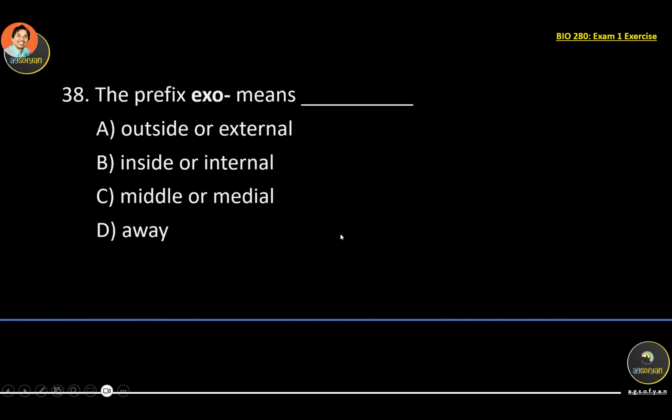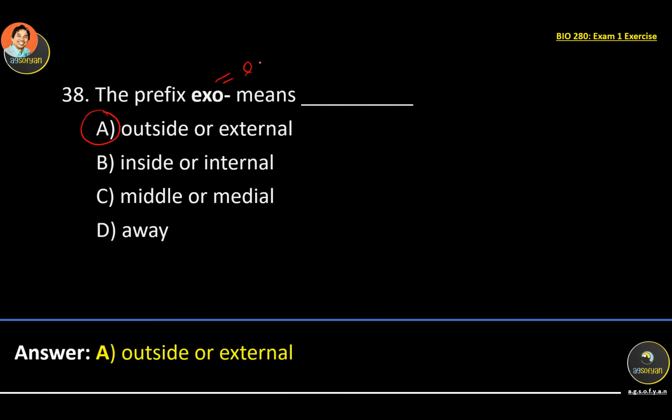Exo is very similar to ecto. Exo also means outside. Sometimes we use exo, sometimes ecto. It depends on the words, the meaning, the condition. Like exoskeleton, for example.